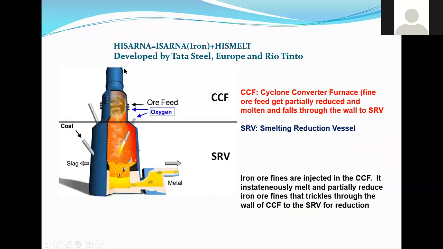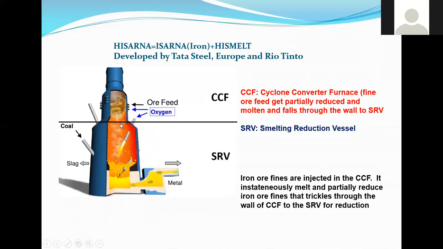And finally, you have the Hisarna process that is basically developed by Tata Steel Europe and Rio Tinto. In this process, here is the smelter vessel. Smelting reduction vessel is there, and this is called the cyclone converter furnace at the top. The uniqueness is that most of the gas coming out is post-combusted.